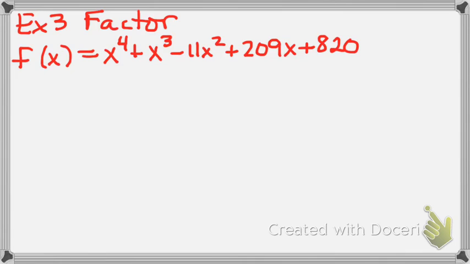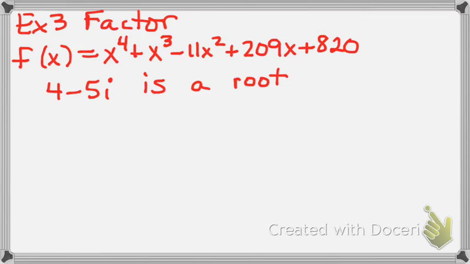And this time they're going to tell you that 4 minus 5i is a root, which is the same thing as a 0. A root means the same thing as a 0, or an x-intercept.